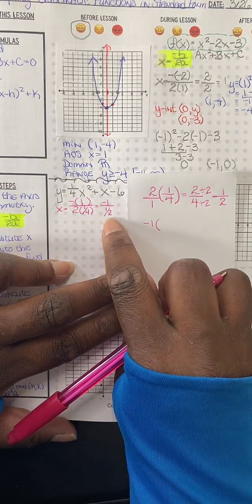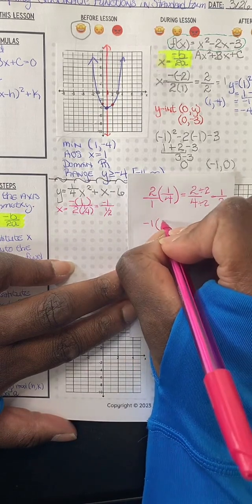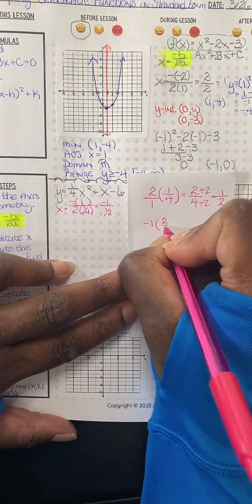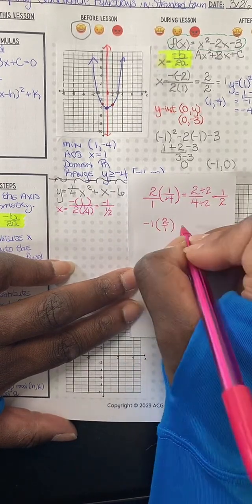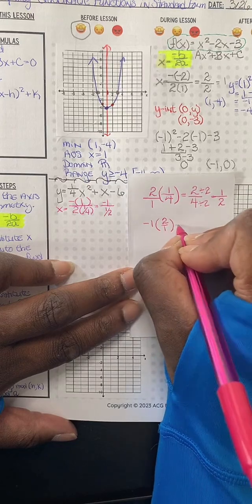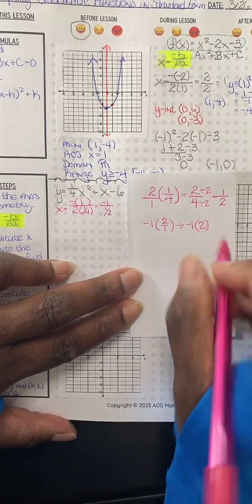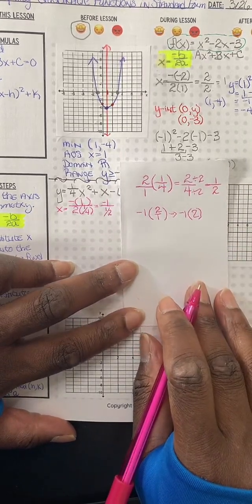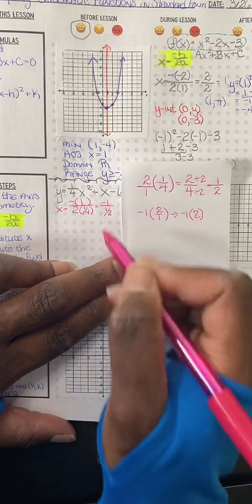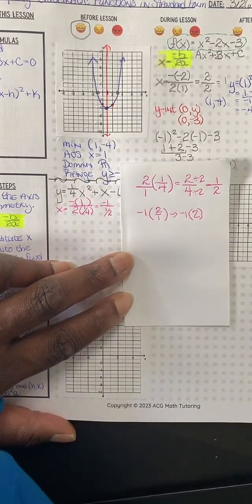What's the reciprocal of 1/2? 2 over 1. So that is exactly the same as saying -1 times 2. I know I'm doing an elongated way of doing this, because trust me, I got the answer beforehand. But again, that's me doing it.